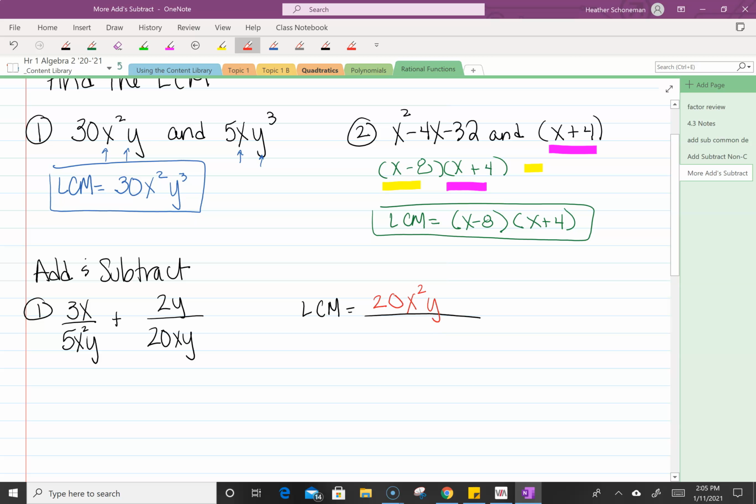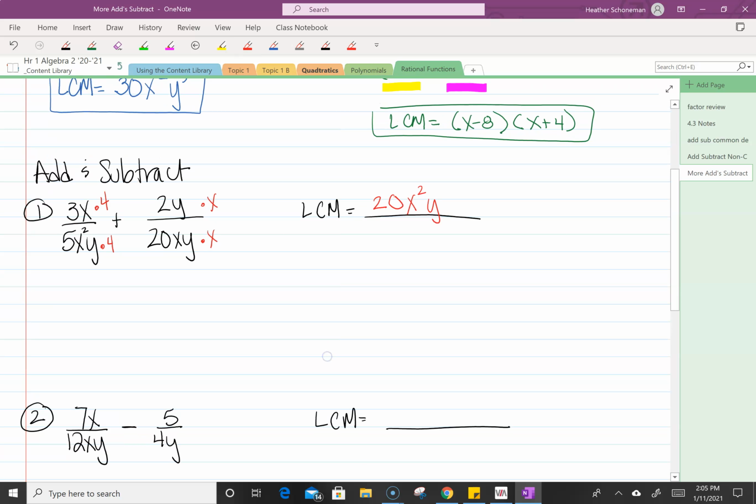Now looking at this fraction on the left, to get this bottom 5x squared y to match this, I'm going to have to multiply the fraction by 4 on the top and the bottom. To get 20xy to match 20x squared y, I have to multiply this fraction by an x. So when I do that, I'm going to get 12x over, and now my denominator's the least common multiple.